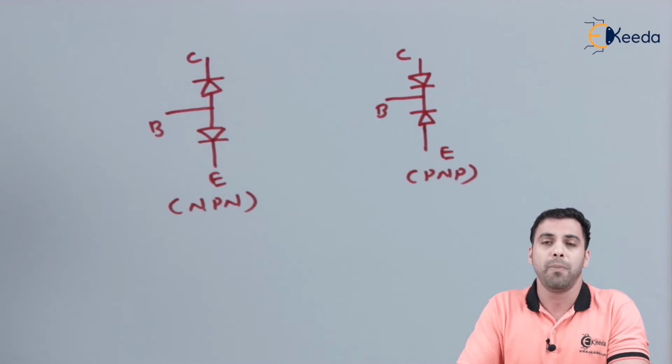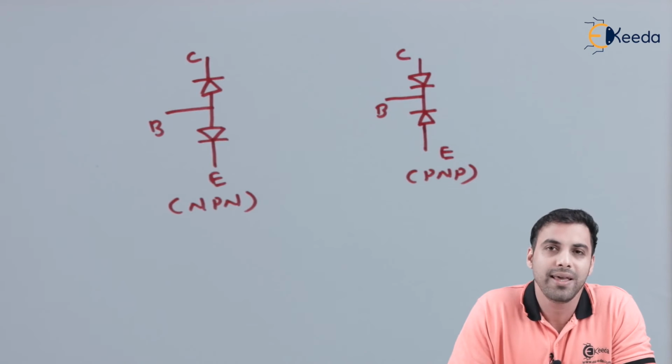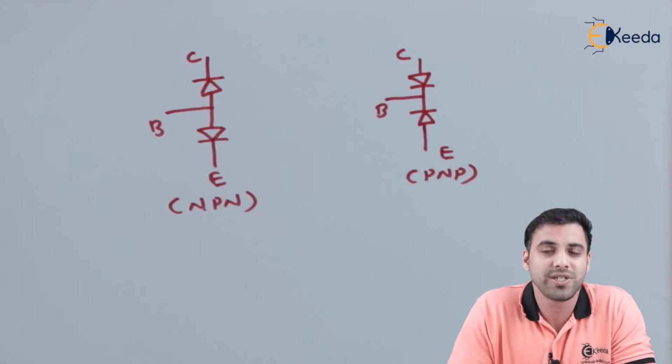Now a power BJT, as we all know, in the case of a power diode, a diode is called a power diode if it is capable of withstanding high electric current and high electric voltage, and the response of the diode is very fast, or the switching operation of the diode is very fast.